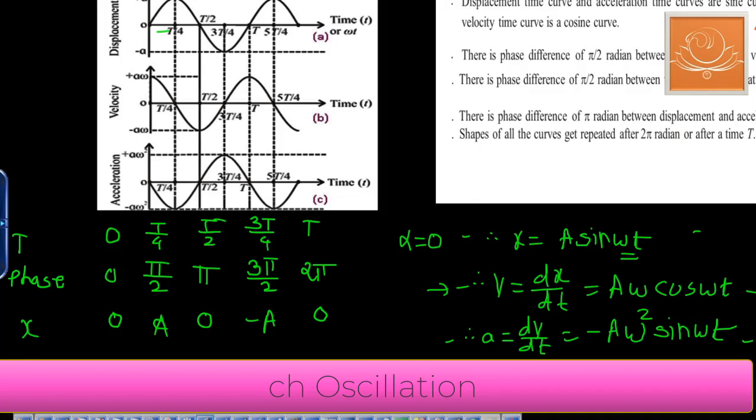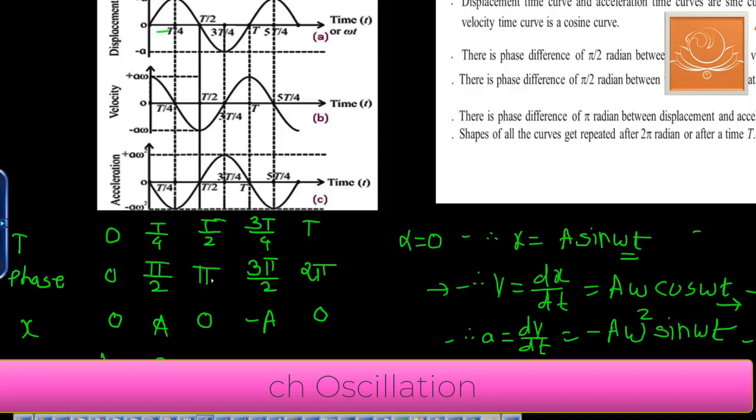Now next, for velocity. At phase equal to 0, velocity equals a omega because cos of 0 equals 1. Substituting omega t equal to 0, cos of 0 equal to 1, hence v becomes a omega. Now at pi by 2, cos of pi by 2 equal to 0, hence v equal to 0.